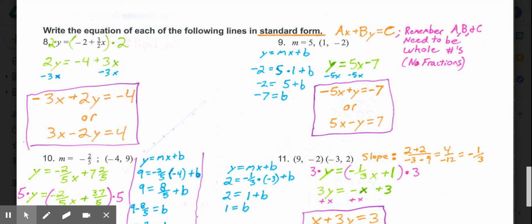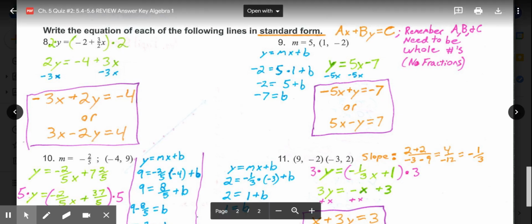But if you wanted to start with a positive coefficient, you just change the sign of each term. So this would become 3x minus 2y equals positive 4. And these two are equivalent equations, so I'd take either one.